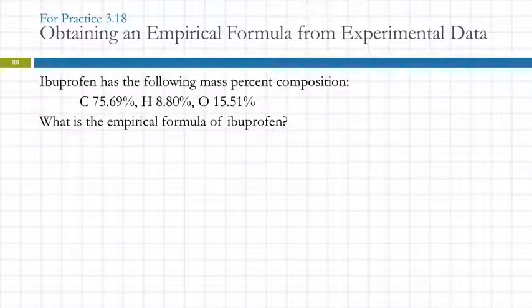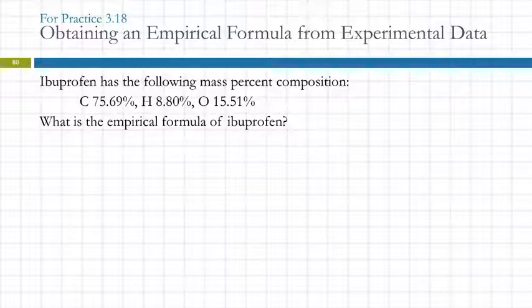Let's do another one. Here we're given a percent composition for ibuprofen and asked for the empirical formula. So the percent composition, what we're going to do is we're going to take the percent sign and just change it to gram. We can do that because if the sample was 100 grams, that's how many grams of each element there would be.